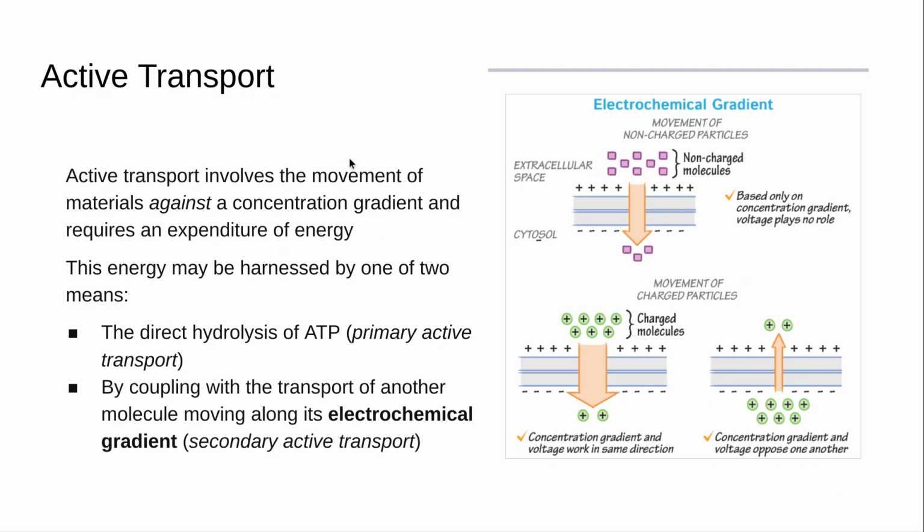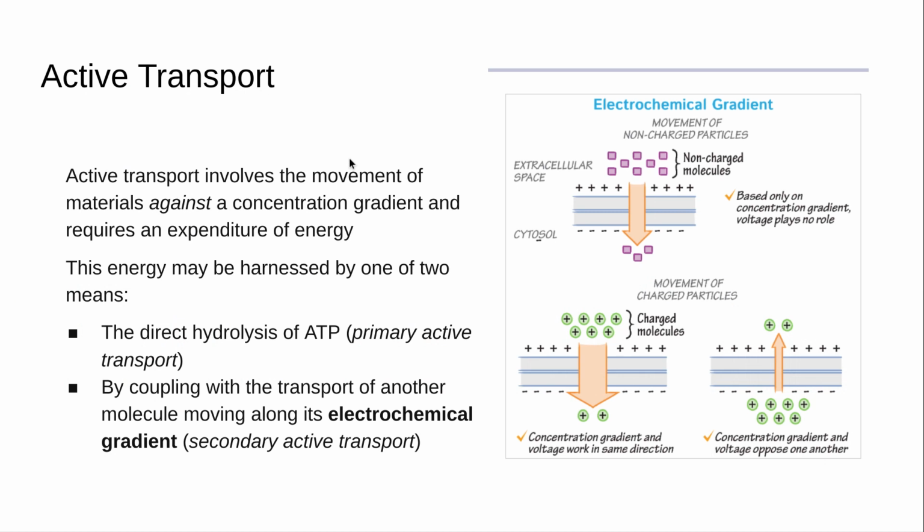So coming back to active transport, as we saw, it requires energy. There are two types of active transport: one is called primary active transport, and the other is called secondary active transport.